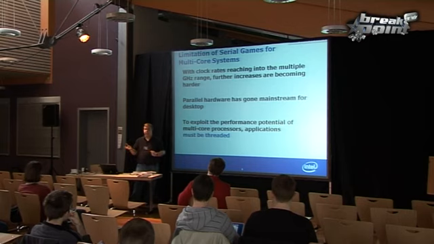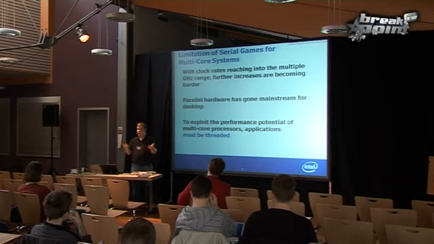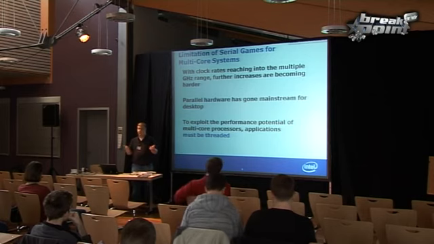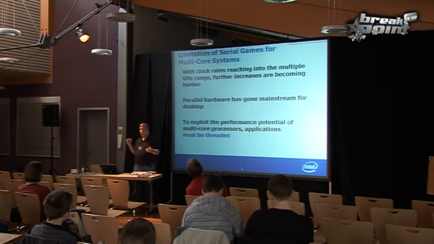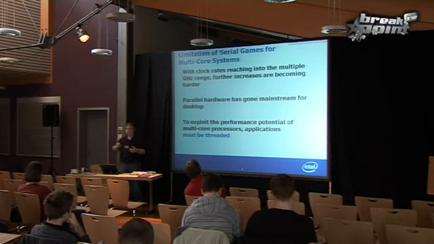Now, what's the challenge? As soon as I add another core to the system, I don't have anything for it to do. I've only got 2 tasks, so I either have to find another task or I have to go back to data parallelism. The challenge in games is that data parallelism is really difficult.